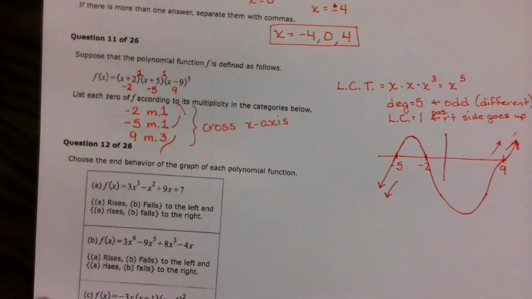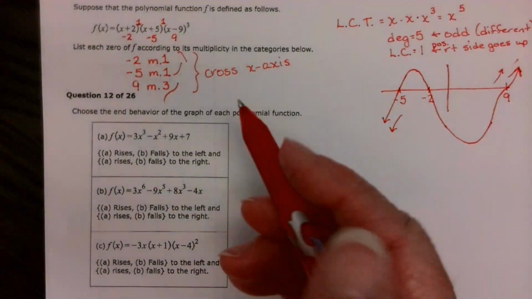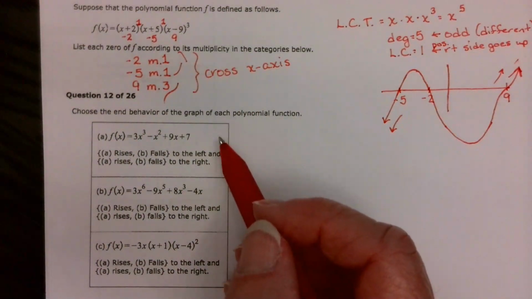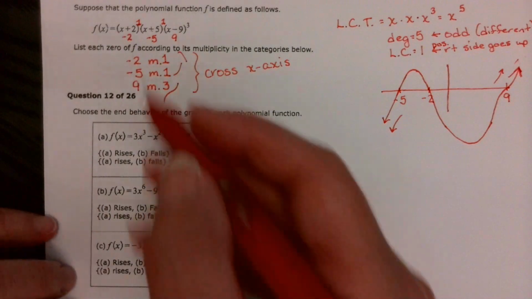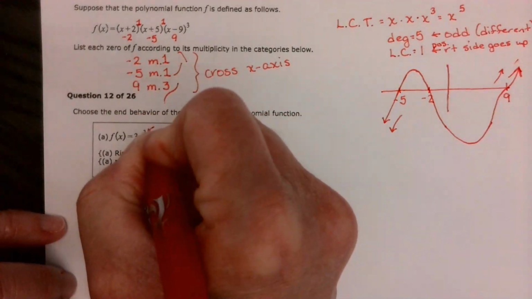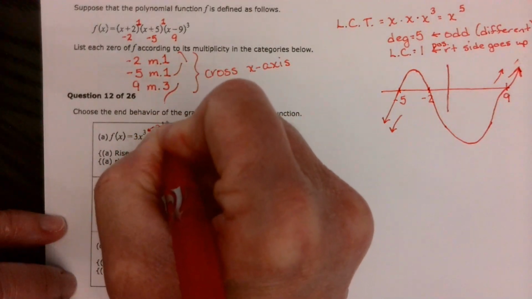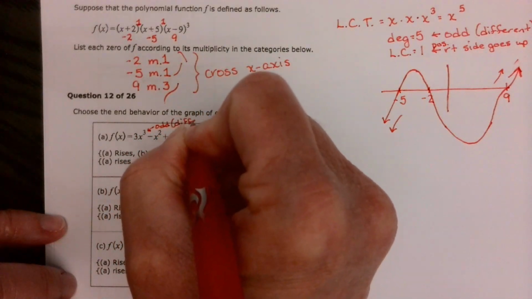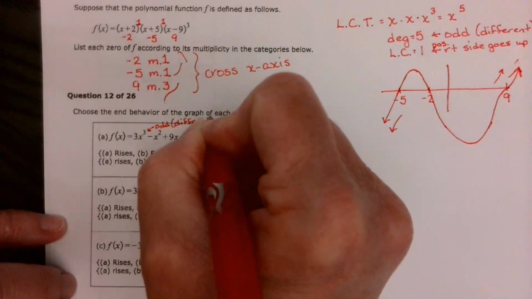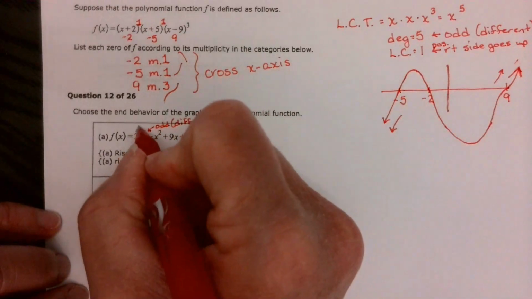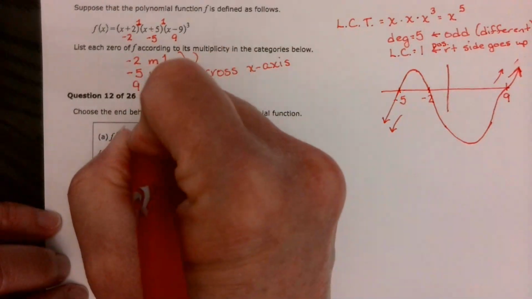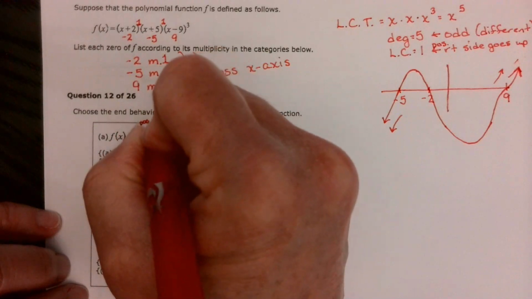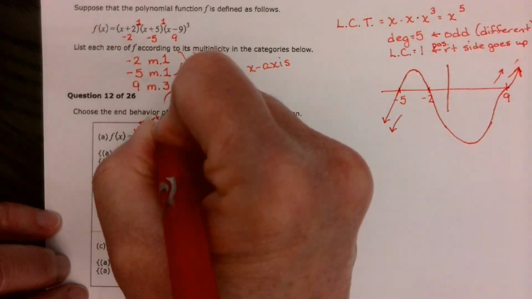All right, choose the ending behavior of the graph of each of the polynomial functions. Okay, odd degree, they go different directions. This is positive, so right side up.